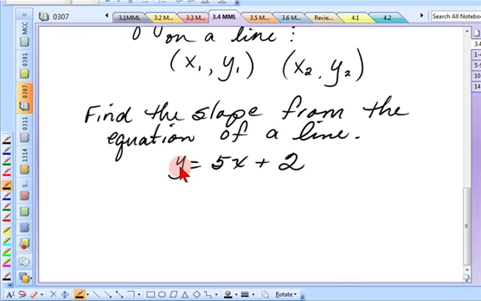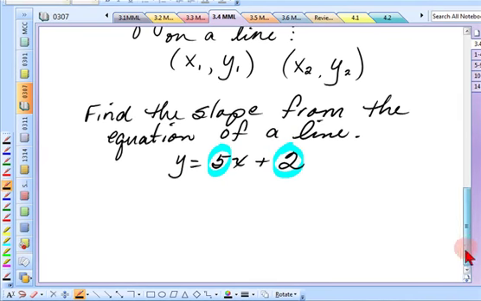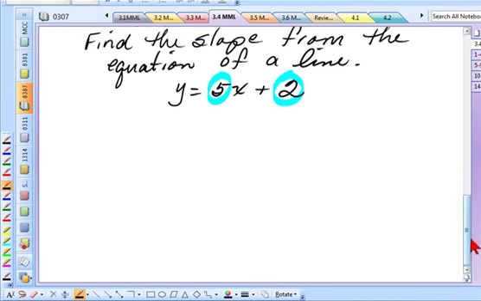Now we're about to find out why we practiced that so much. When you solve a linear equation for y, then this number and this number represent certain characteristics of the line. And they represent very important characteristics of the line.